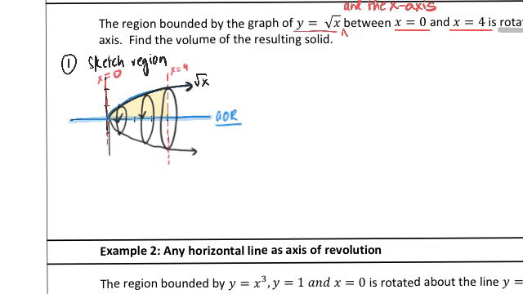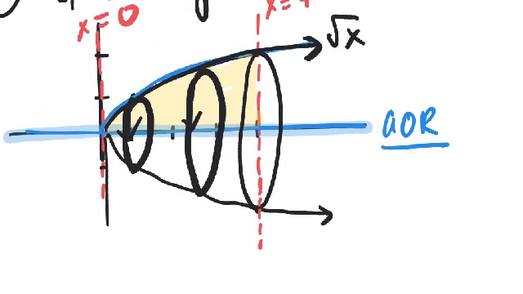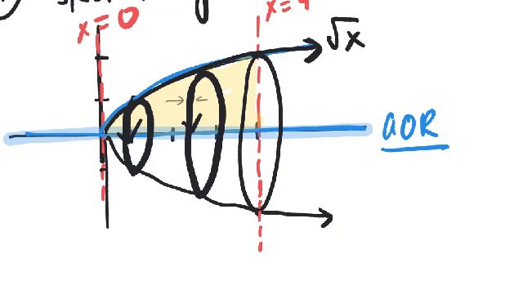And so each of these cross sections now is a disk of thickness dx. So the thickness of these disks is dx. And the area of the cross section is going to be the area of this circle. That's going to depend on the x that I'm at. You can see that the bigger the x is, the bigger that area is going to be.